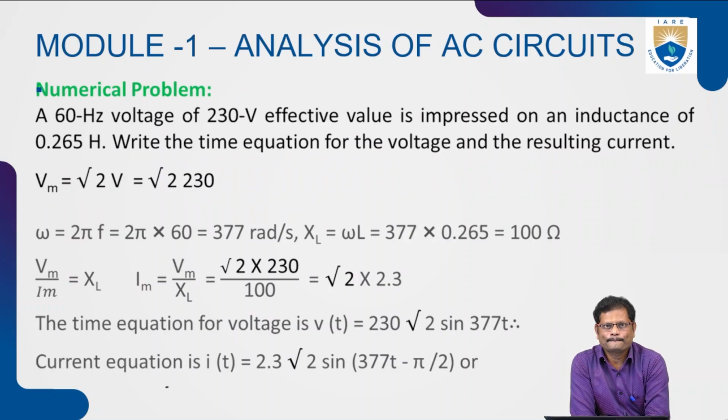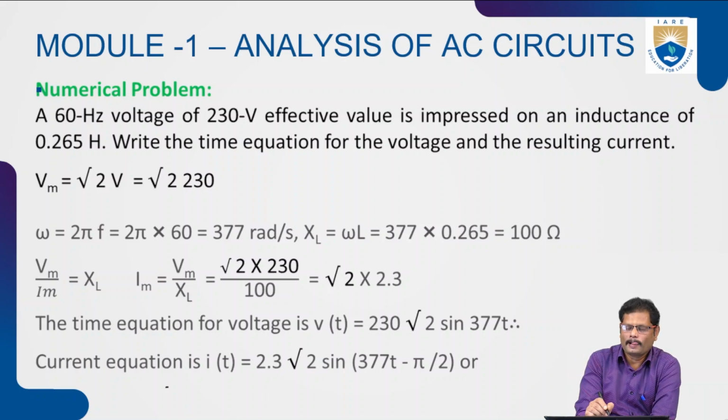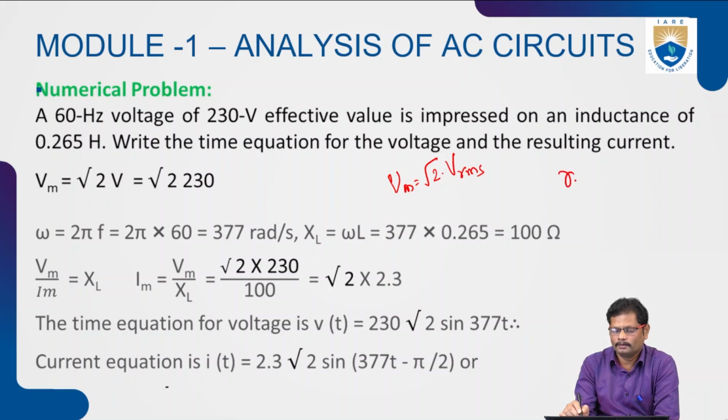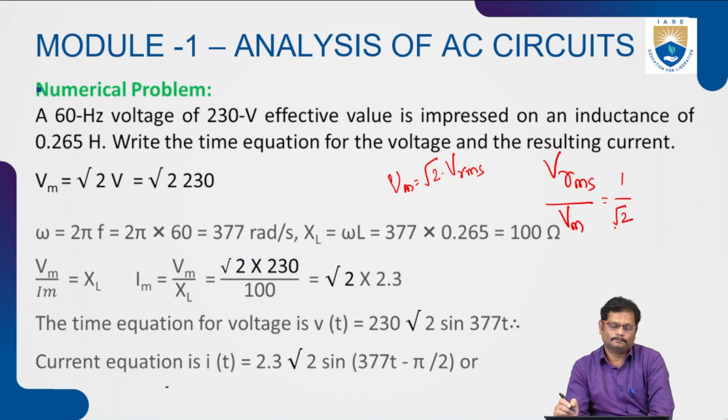We know the RMS value is given as 230 volts, and we know Vm equal to root 2 into Vrms, since RMS value by maximum value equals 1 by root 2.